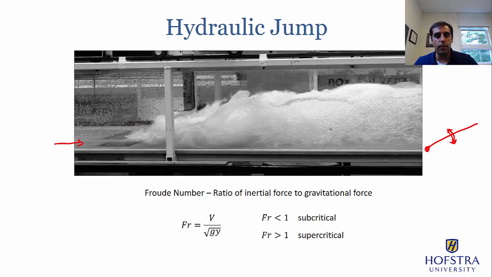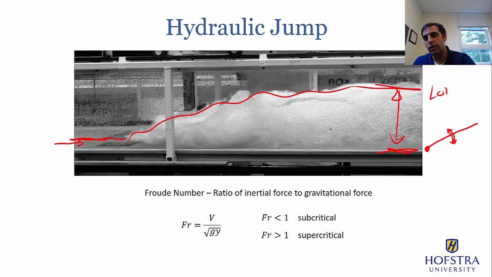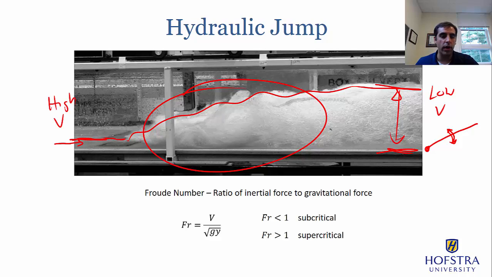It does that abruptly, where the flow has one small height and then suddenly adjusts up to this larger height, where we get a lower velocity, whereas here we'd have a much higher velocity. There's some loss associated with this jump, and we're going to quantify that with pitot-static probes upstream and downstream of that hydraulic jump.